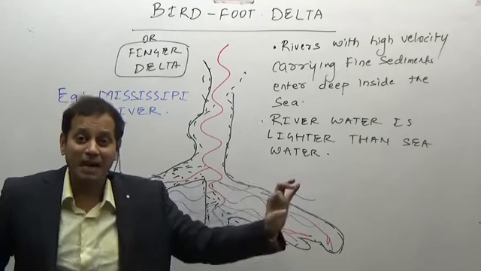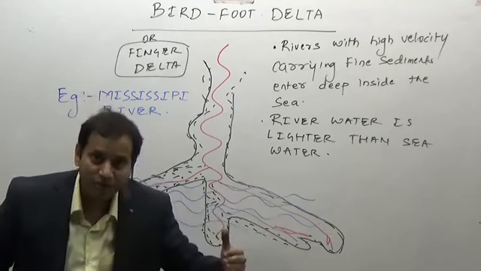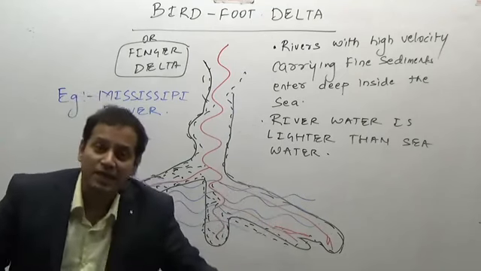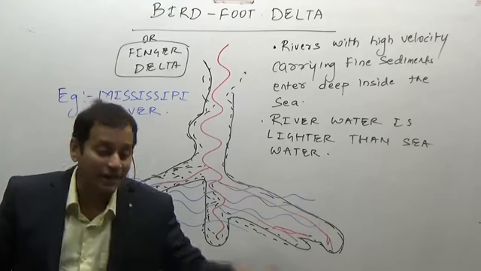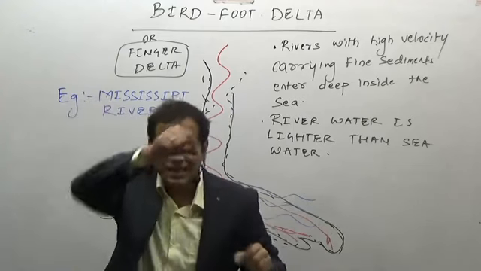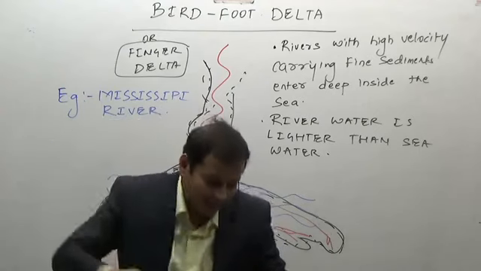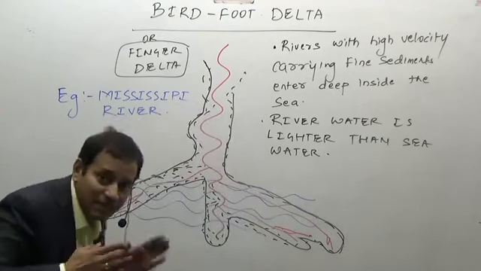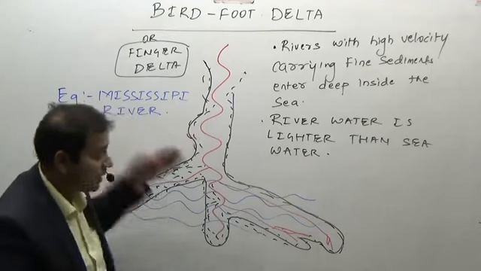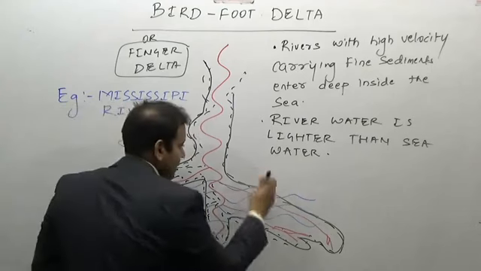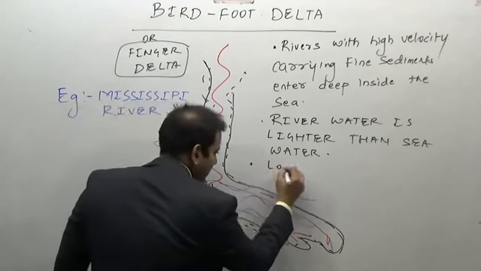Look at the map of the USA, come to the Gulf of Mexico, and have a look at the atlas right now so that you will never forget it. On the Mississippi River, you will see that long linear delta, resembling the finger of a hand. So it is an example of a linear delta, meaning line delta. It is not a semicircular delta, it is a long and linear delta.